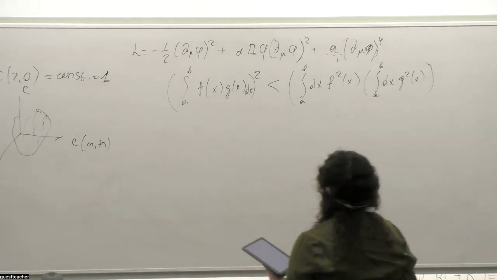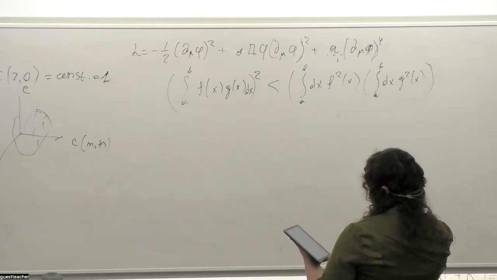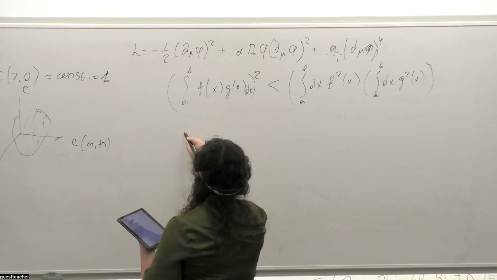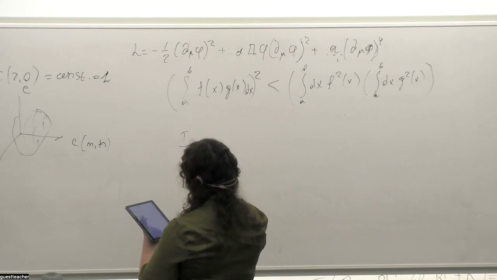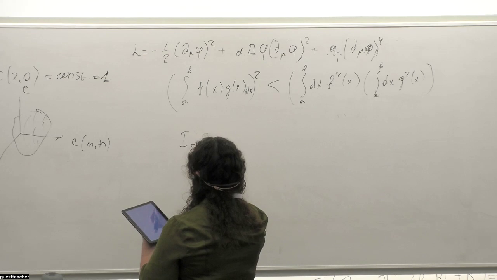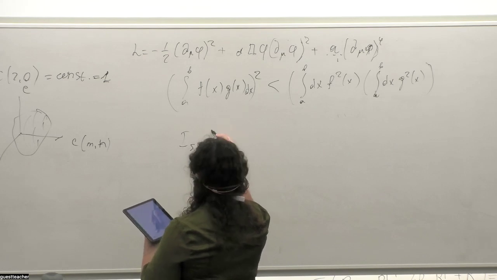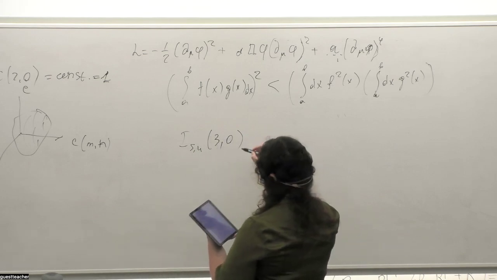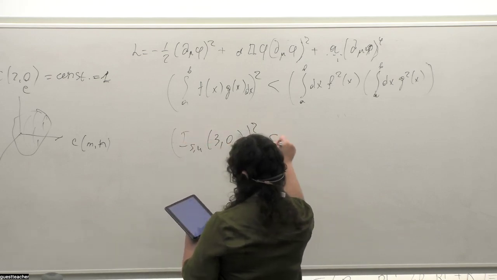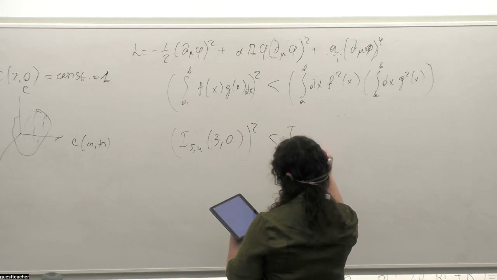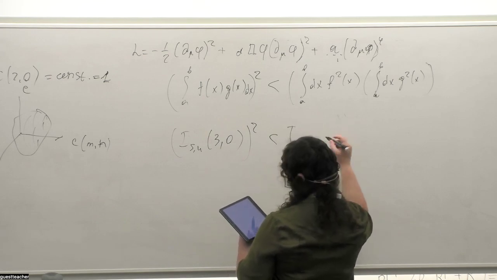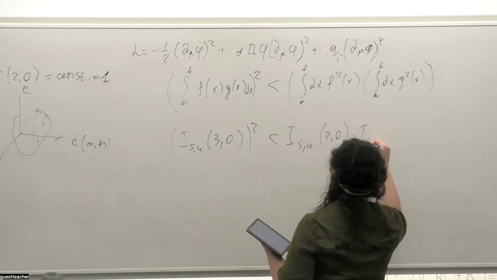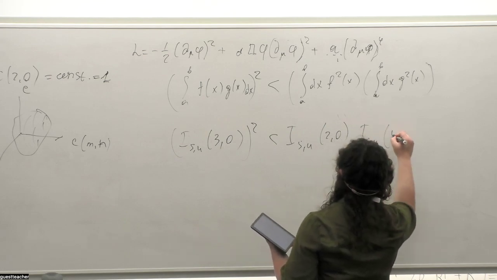If it is applied, an implication of this inequality would be that the integral corresponding to 3,0 squared is less than the integral corresponding to 2,0 times the integral corresponding to 4,0.